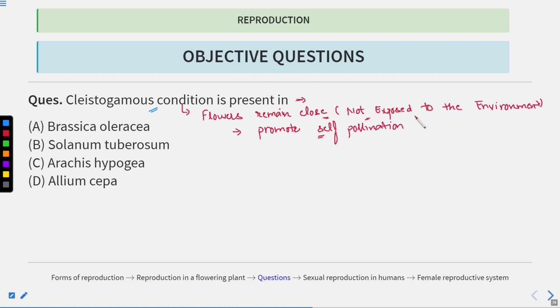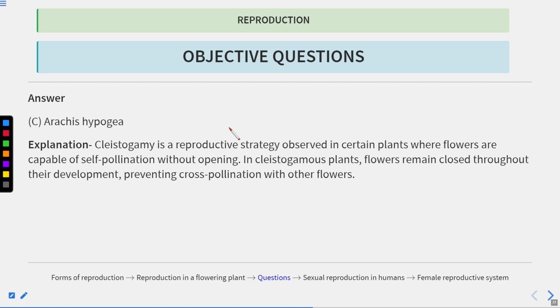This promotes self-pollination, or you can say it inhibits cross-pollination. Clear? This is the kind of survival strategy adopted by clastogamous flowers. Now what should be the answer to this question? The answer is option C, Arachis hypogea. Clastogamous condition is seen in Arachis hypogea.